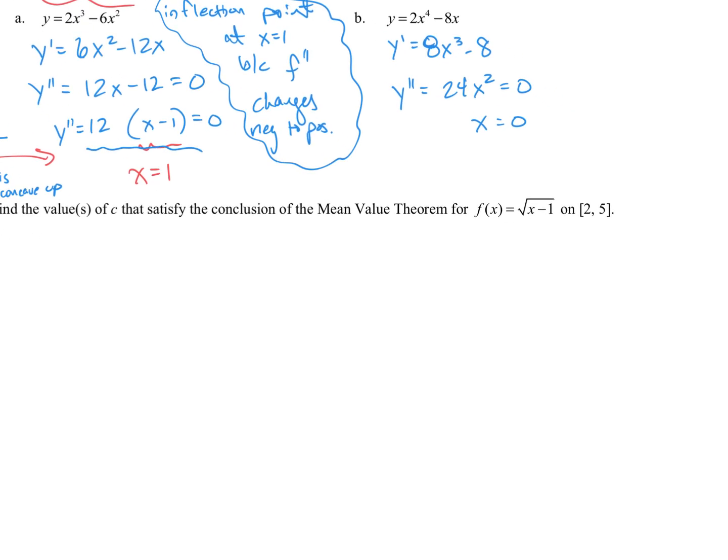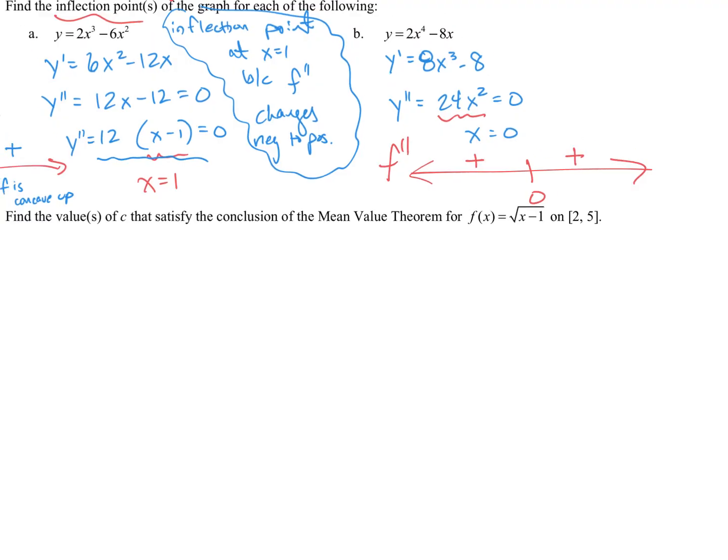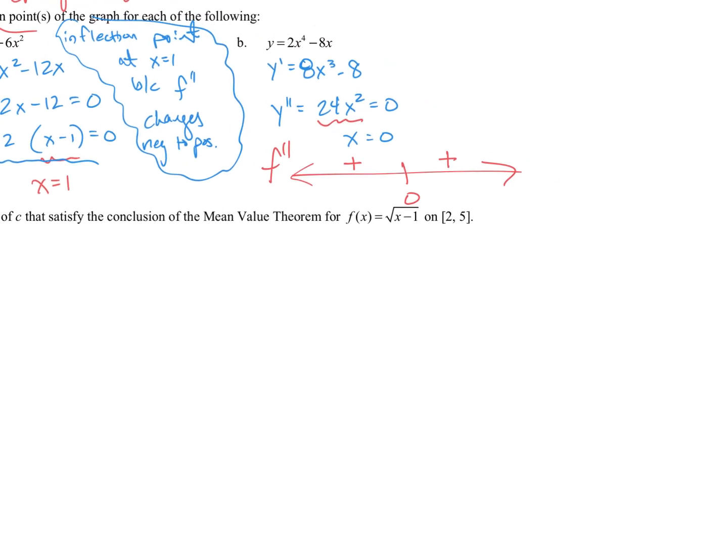So my sign chart for f double prime, I'll pick a point to the left, so say -1. If I threw a -1 in my second derivative, that would be -1 squared, so it would spit out a positive. If I threw a +1, the right side of 0, it would also spit out a positive. So even though the second derivative was equal to 0, the second derivative never changed signs.